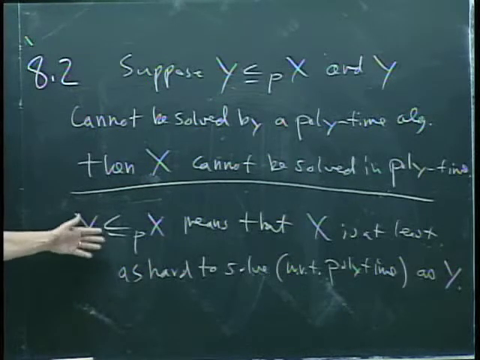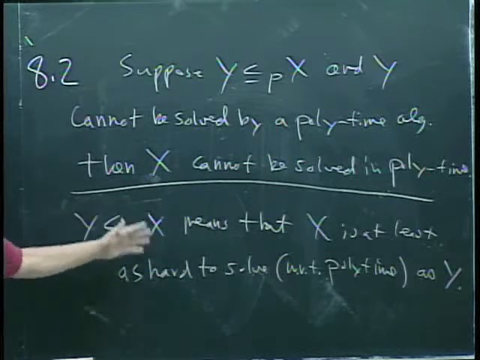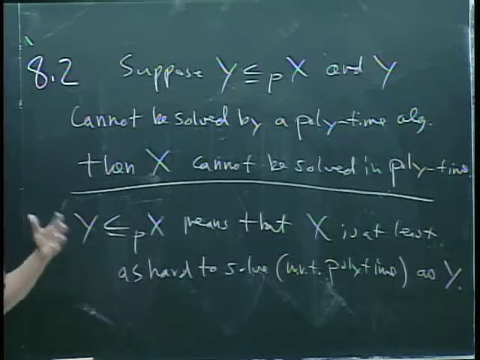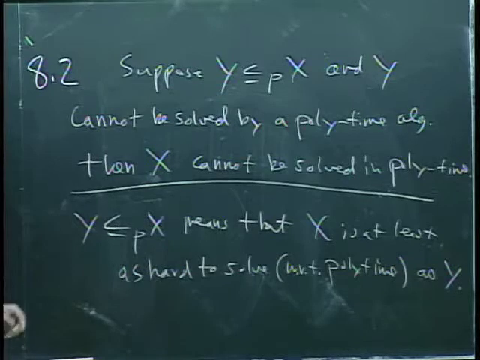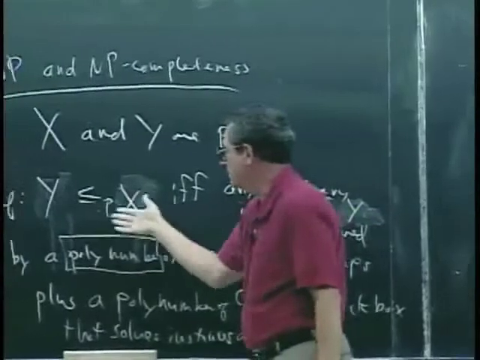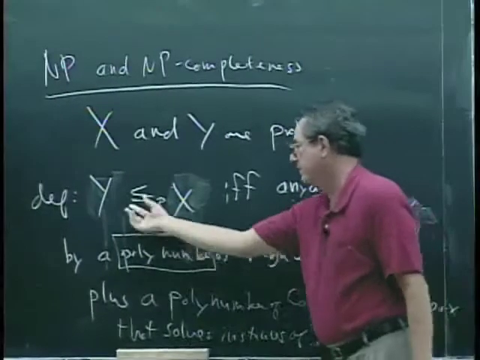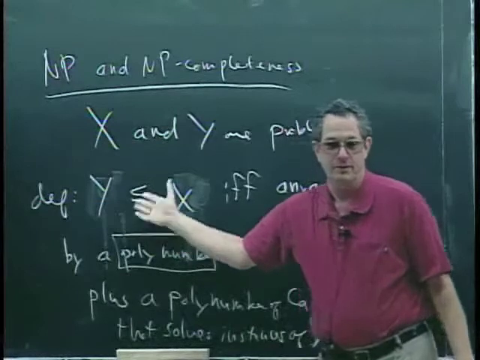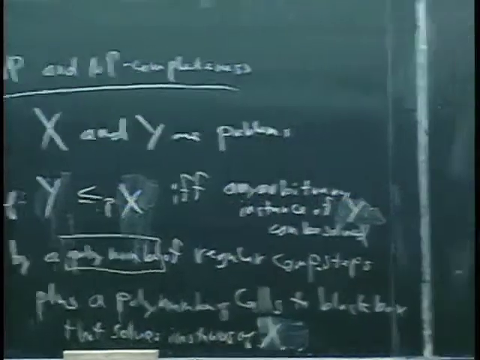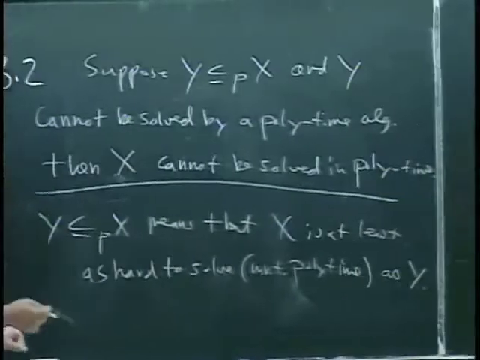And I never am comfortable with this statement here. I always have to stop and parse it. For 37 years, it just has never sunk in to a point where that's natural. This is natural to say, y is reducible to x, although I would have liked it if they'd put the inequality the other way, but I can live with that. But this one, x is at least as hard to solve as y.